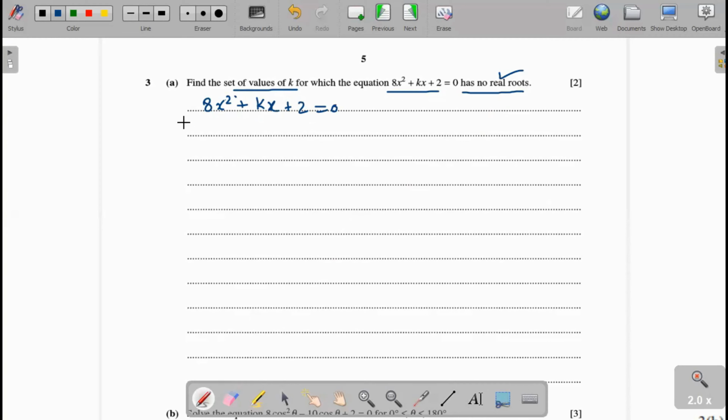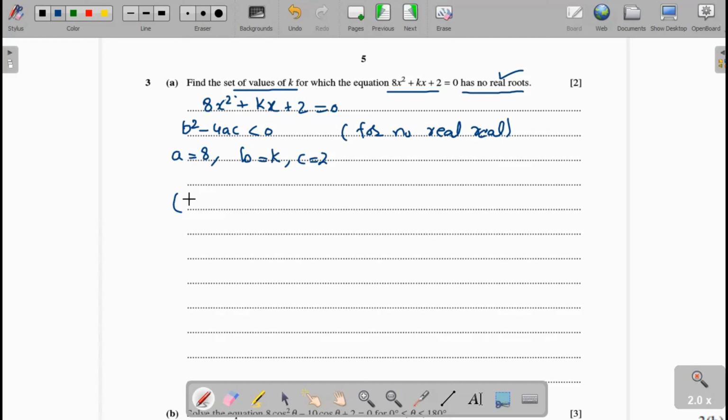Therefore we can write the discriminant b square minus 4ac less than 0 for no real roots. Therefore here we find the values of a, b and c. Now you see here the value of a is 8 and the value of b is k and the value of c is 2.